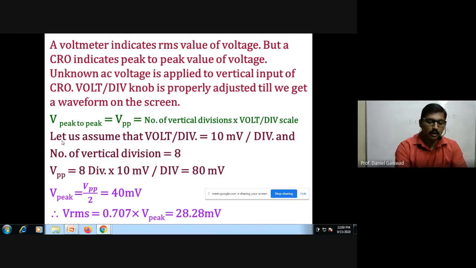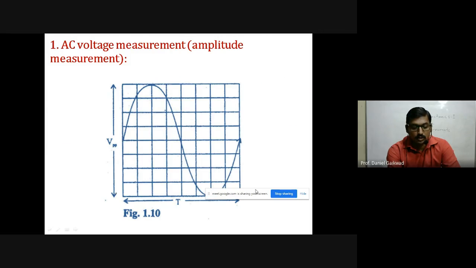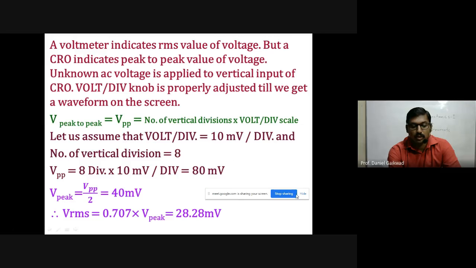Now let us consider an example. Let us assume that volt per division is 10 millivolt per division. See the diagram: one vertical division is adjusted such that it is equal to 10 millivolt per division. Now how many divisions are there on the vertical scale?